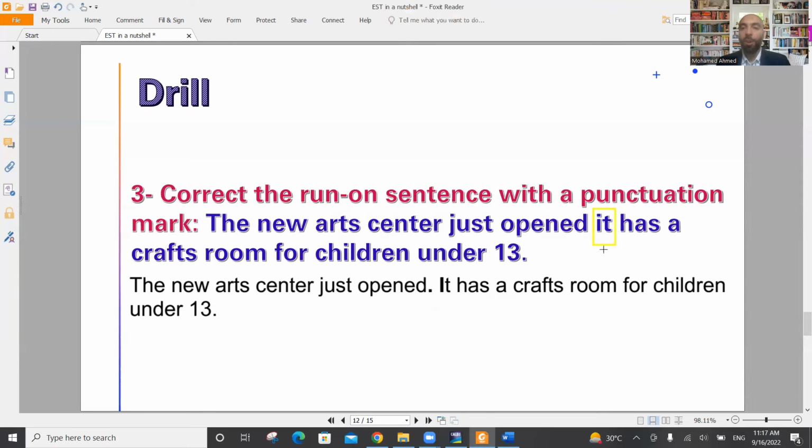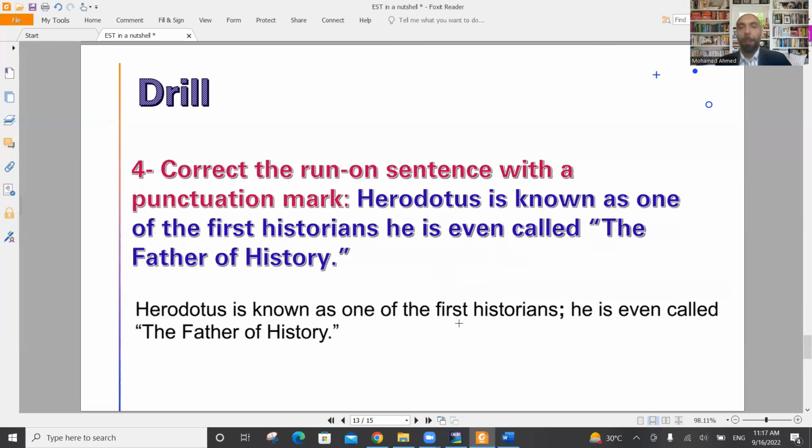I don't have any punctuation between these two sentences, so we have the error that we called run-on. It's very easy. Here I added a full stop and a capital letter, I capital for it. You can add a semicolon, yes. Okay, a dash, yes. You can actually fix this error using many other things.